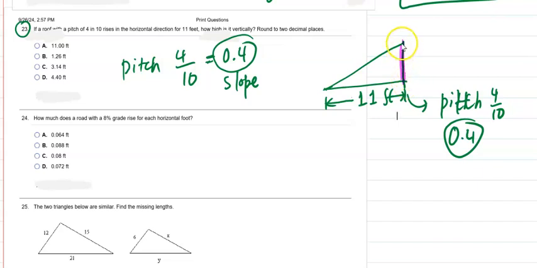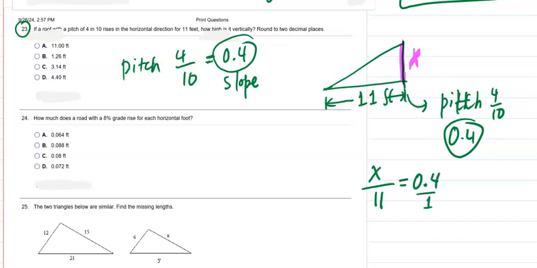We don't know this height, so you can say this is x for a moment. So x over 11, because x is the vertical height and 11 is horizontal, must equal 0.4.